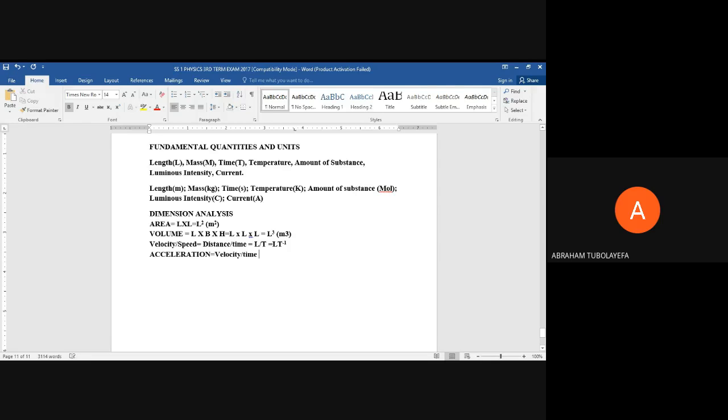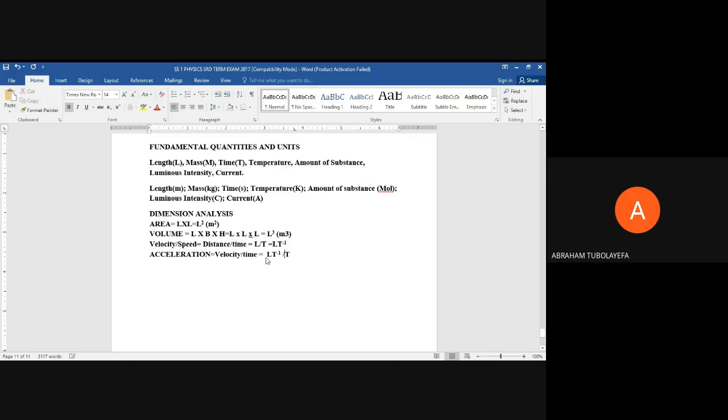We have already gotten velocity as L T raised to the power of minus 1, right? So we don't need to calculate that again.